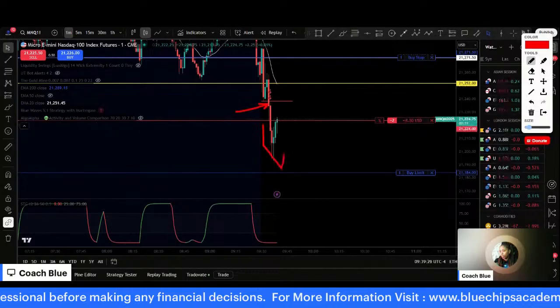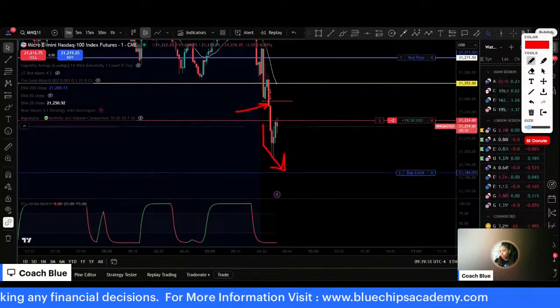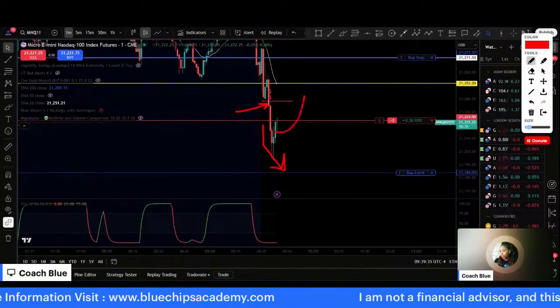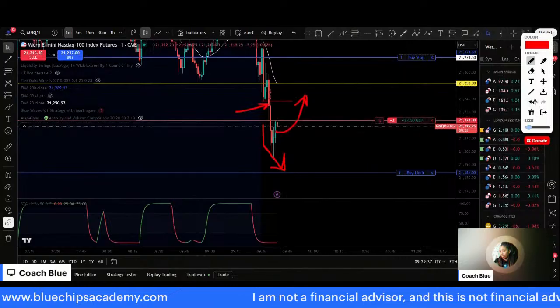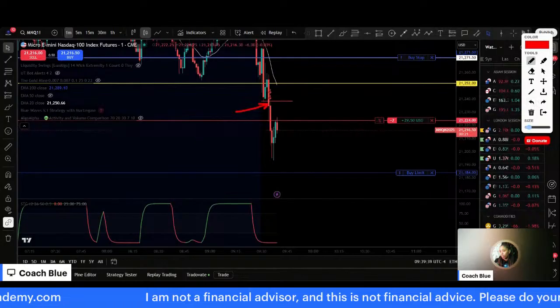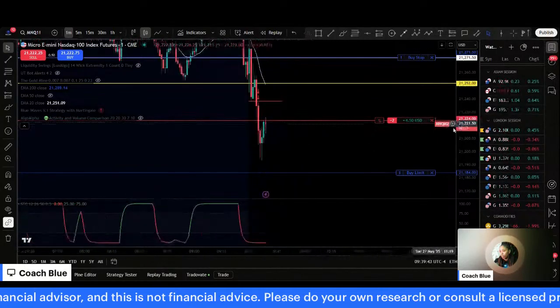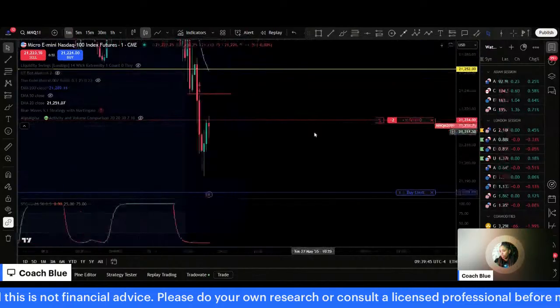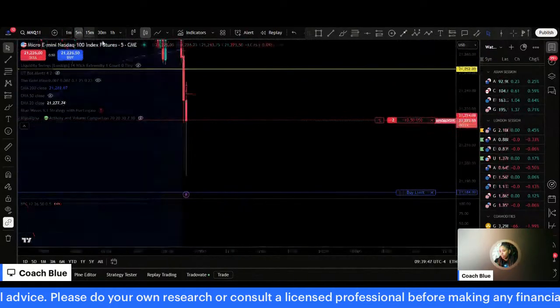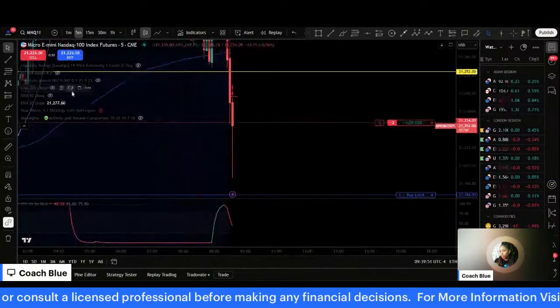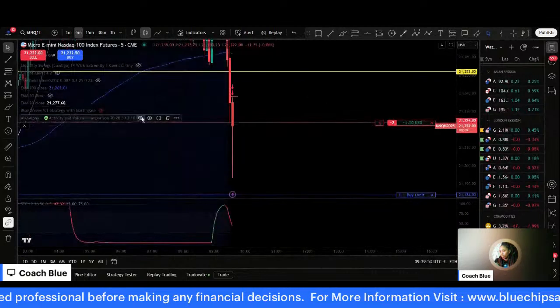Now, will we continue down to this level? Or will we reverse here? That's the question. How far will we continue? Okay. So the assessment was correct, but now we have to figure out how far we are going to continue. So let's go look at the 5-minute and let's go look at our volume order flow to see how much money is moving right now in the market.